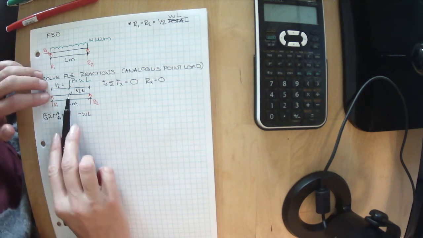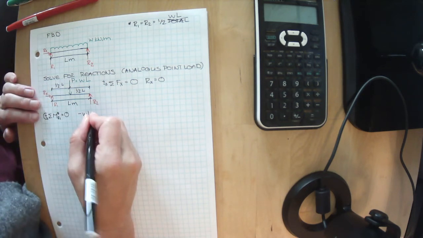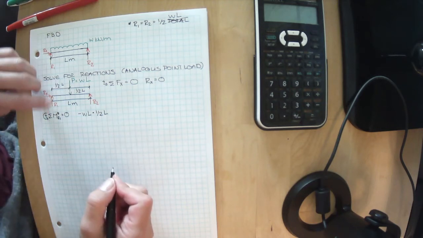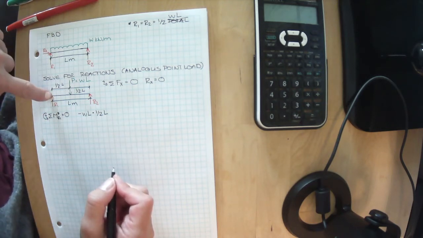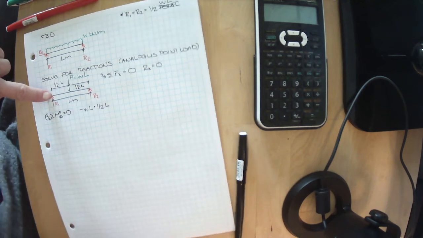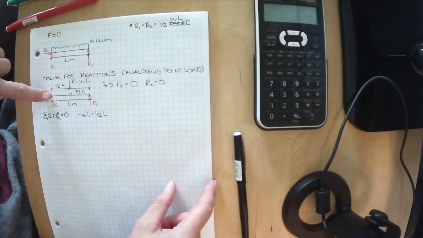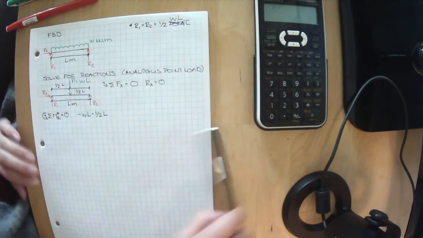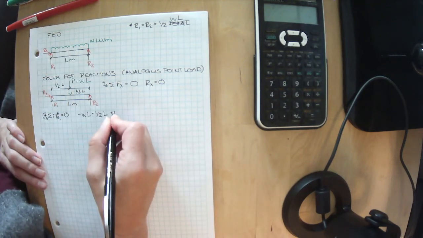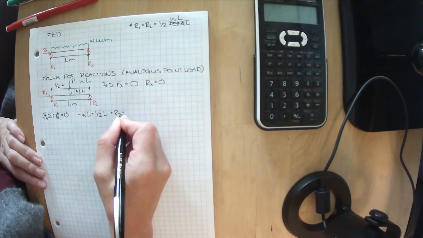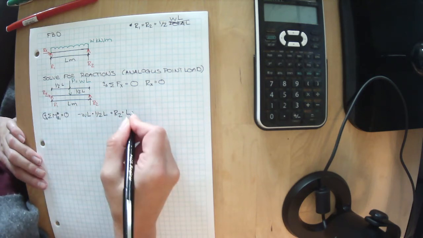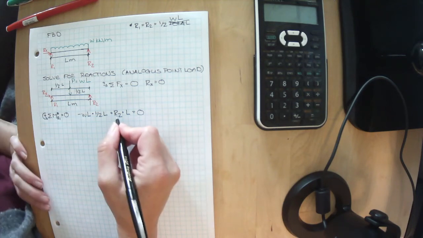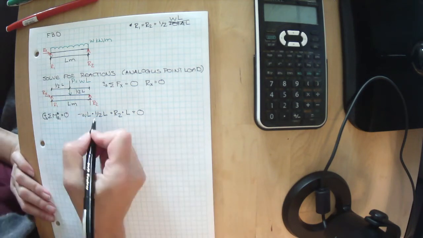And WL is happening 1/2 L away from the point I'm trying to spin about. R2 is trying to spin in this direction. So we've got L away, it's spinning in the positive direction, so we've got plus R2 times L equals 0. Remember, R2 is what we want to find here.